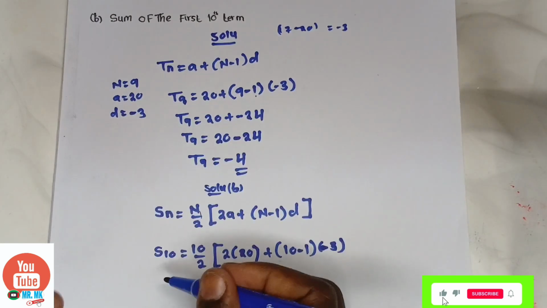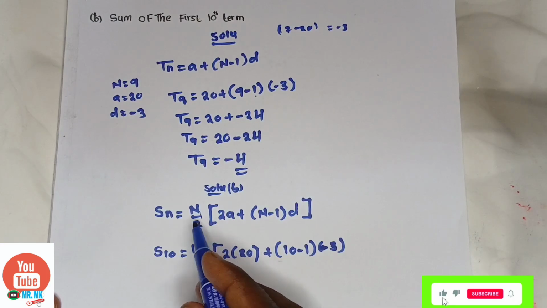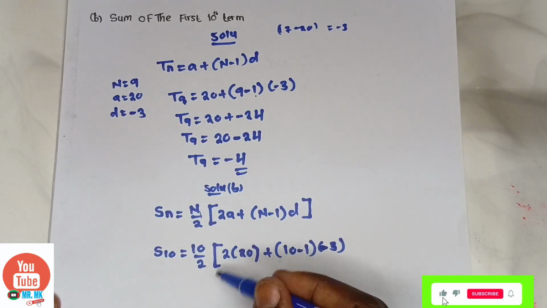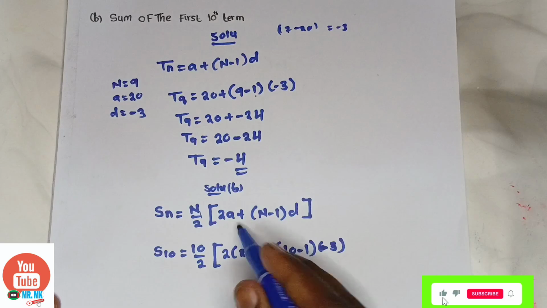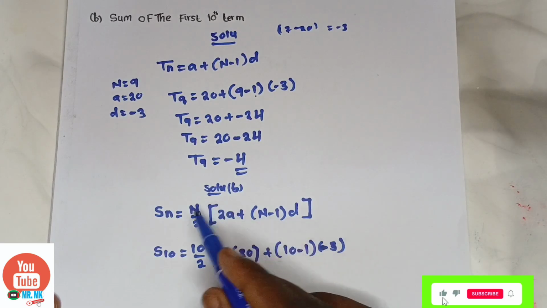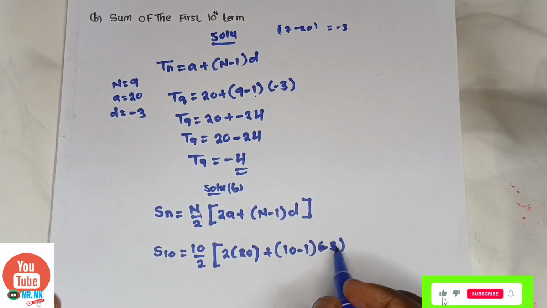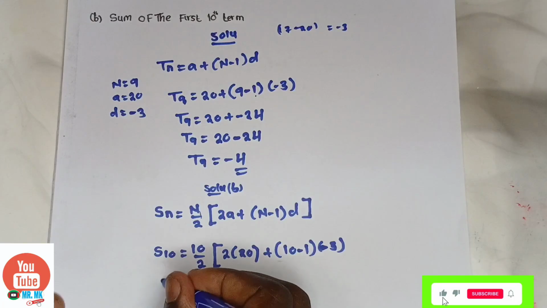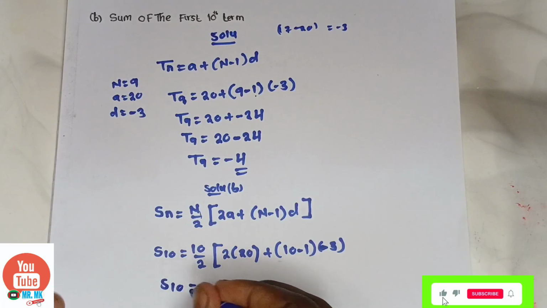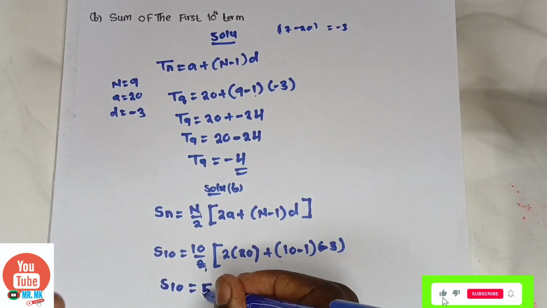Now S10 will be 10 divided by 2, open bracket, 2 into a, which is 20, plus 10 minus 1, close bracket, times the common difference, negative 3. 10 divided by 2 is 5.